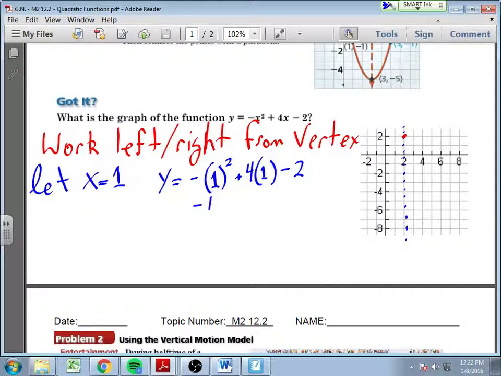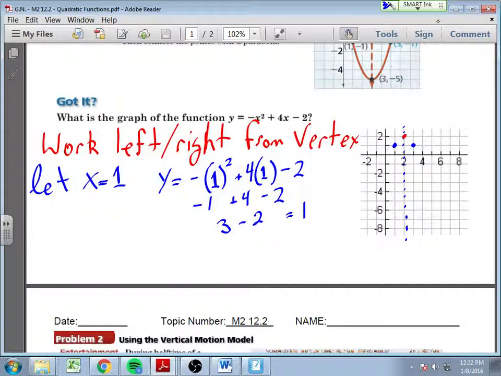This is negative 1 plus 4 minus 2. That will give me 3 minus 2, which will give me 1. Which tells me that at 1, I should have this point at 1. And because the axis of symmetry reflects everything, I also know there will be a point at 3, 1.